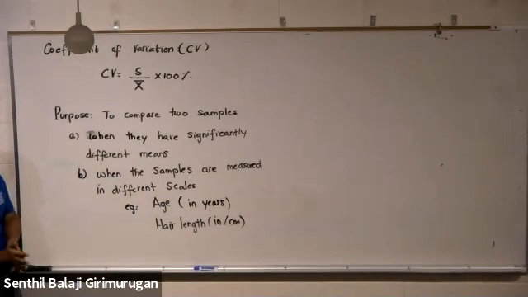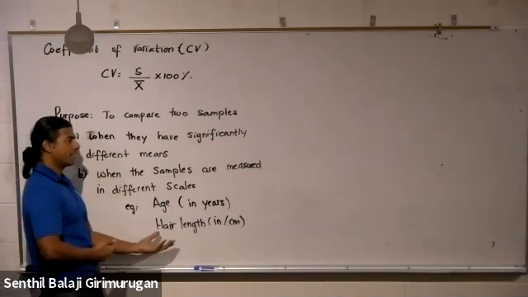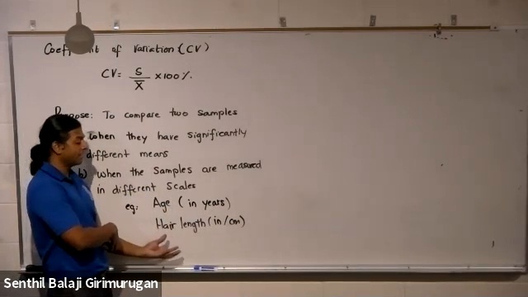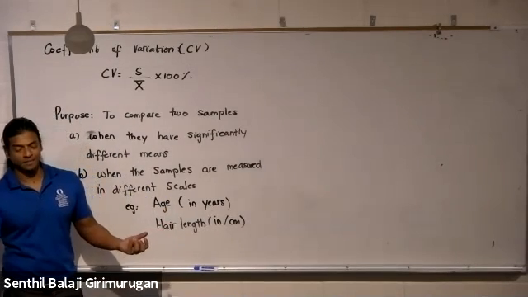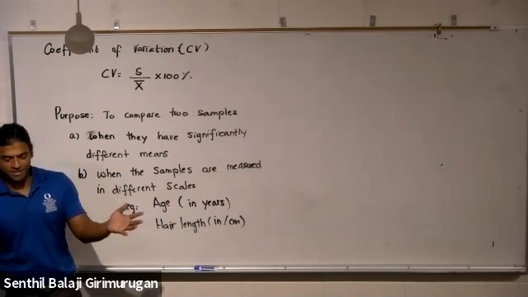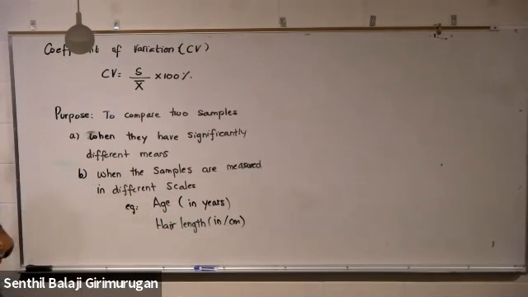Of course, you may say, well, if one sample is in inches, the other is in centimeters, I could do a direct conversion after I search in Google on how to convert inches to centimeters. Sure, but that's extra time, right? So you could find CV directly and come to a conclusion.